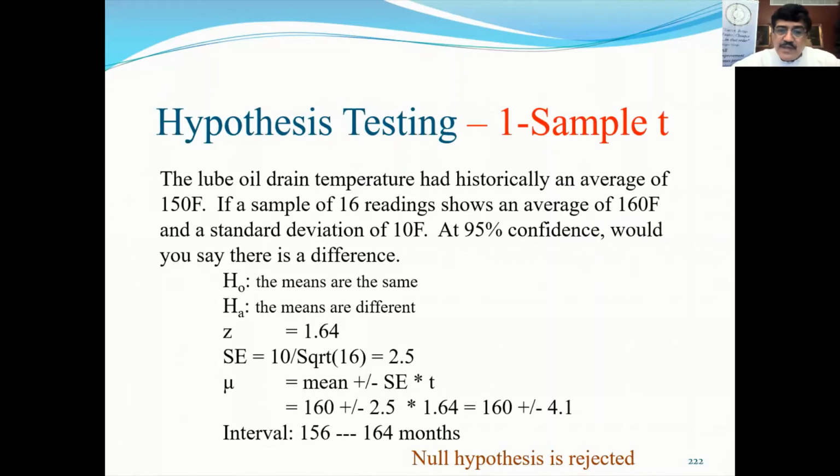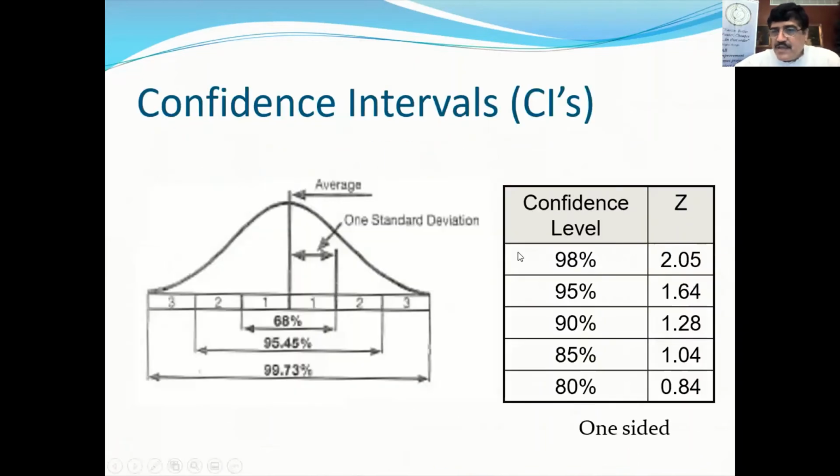Very simple. First of all, you find the Z value for 95% confidence, and you just look it up from tables, like the table that we showed you here. Of course, they're different if it's a T distribution or a Z distribution, and so on. But they're lookup tables anyway, and the software will look it up and do the whole thing for you. This is just to illustrate the concept.